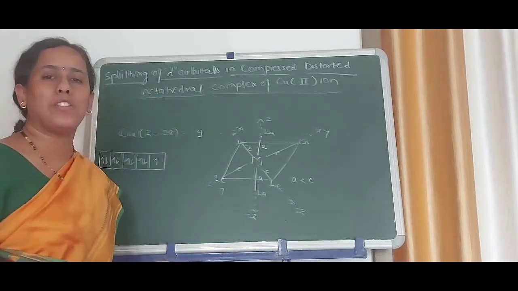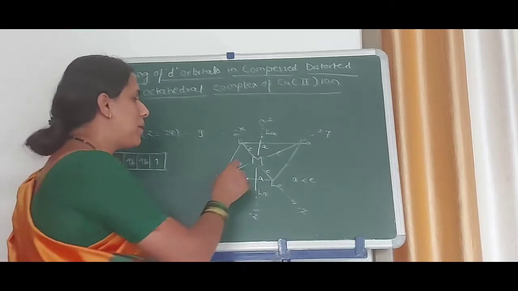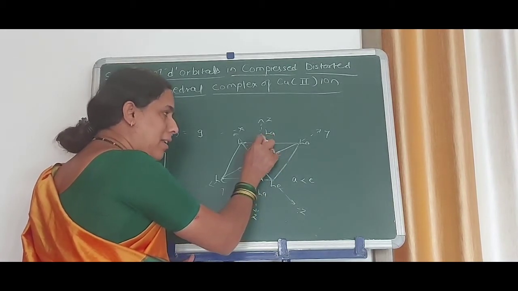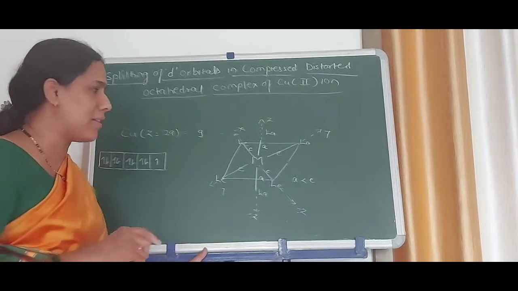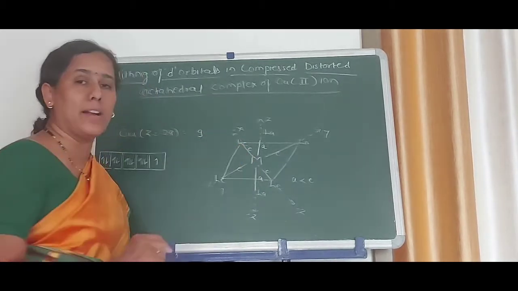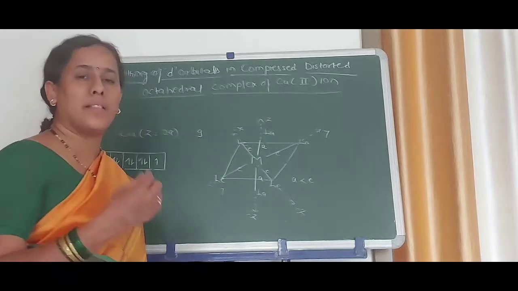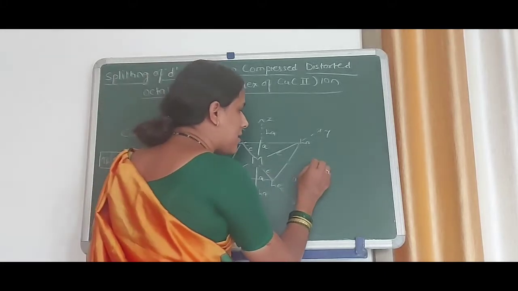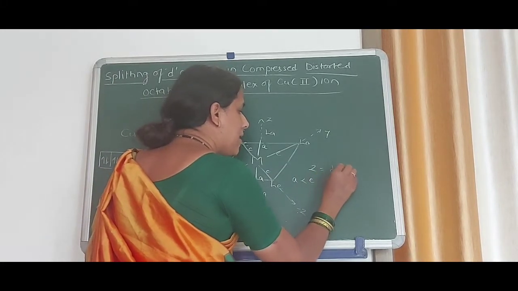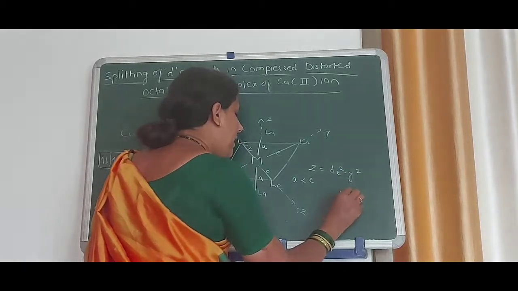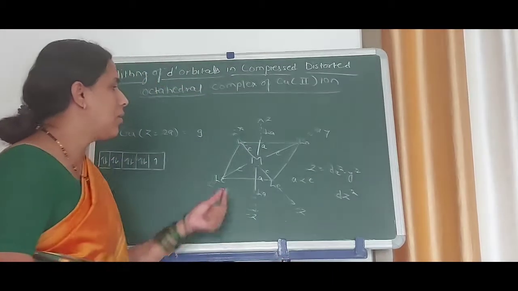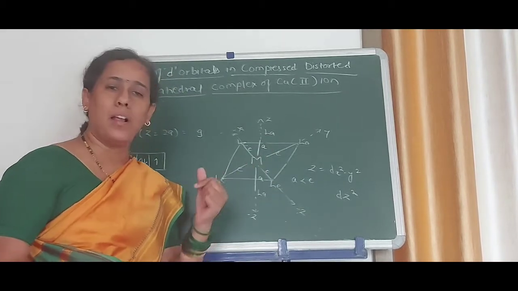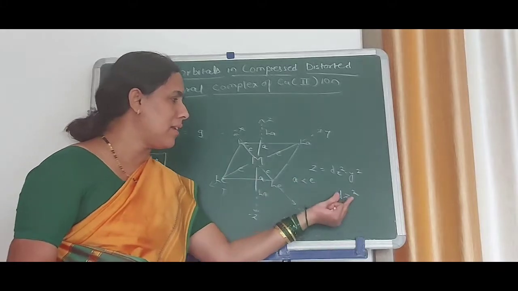Therefore, the repulsion between the electrons of the central metal ion and the electrons of the axial ligands is much larger than that of the equatorial ligands. Due to that, the orbitals situated along the z axis, which are dx square minus y square and dz square, come very close to the central metal ion.